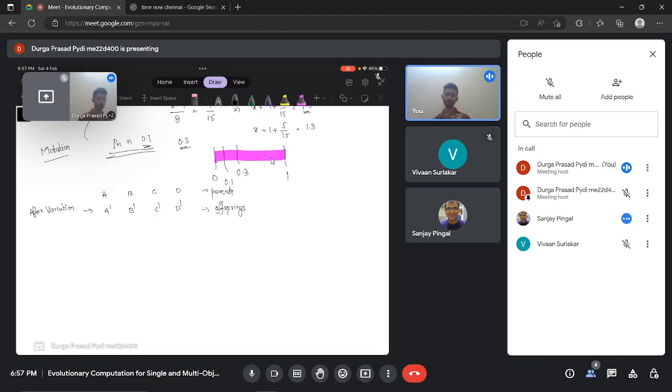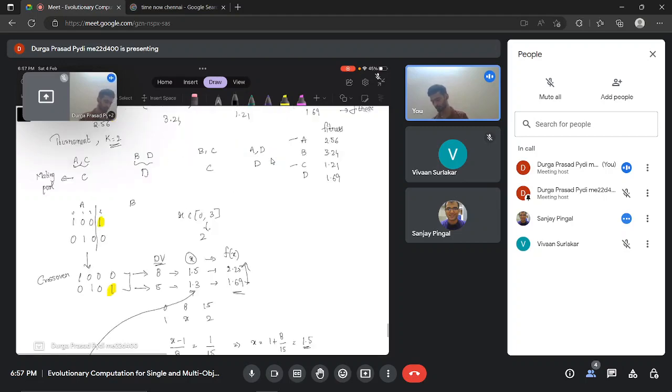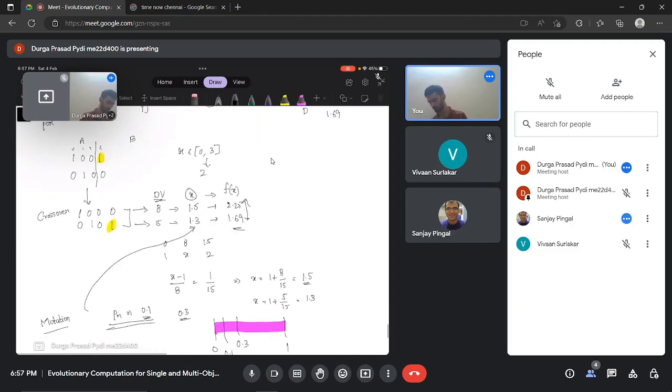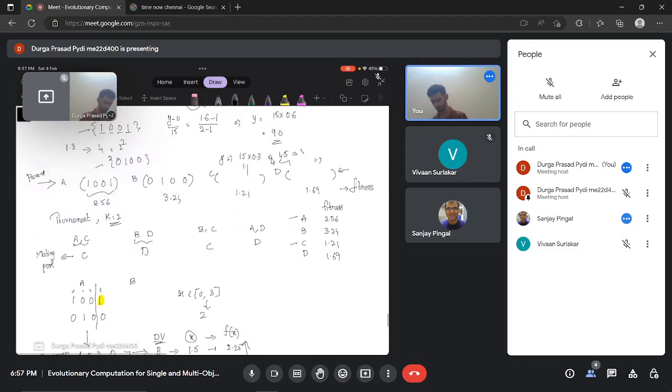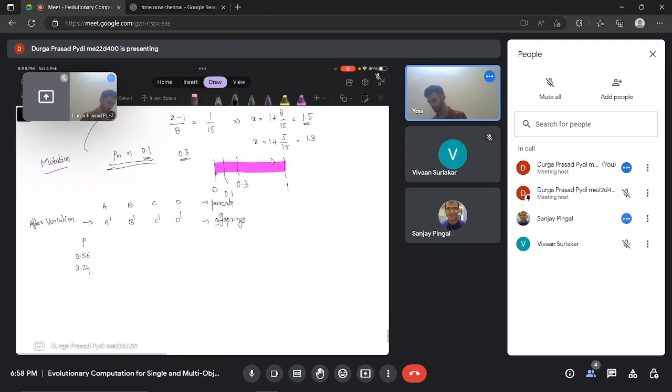Now you again have two strategies. The first strategy is to calculate fitness for all of these and then sort them. My objective is to minimize, so I sort them in ascending order and select the top four. Those top four will be my solution. Just for the sake of example, the parents' values are 2.56, 3.24, 1.21 and 1.69.